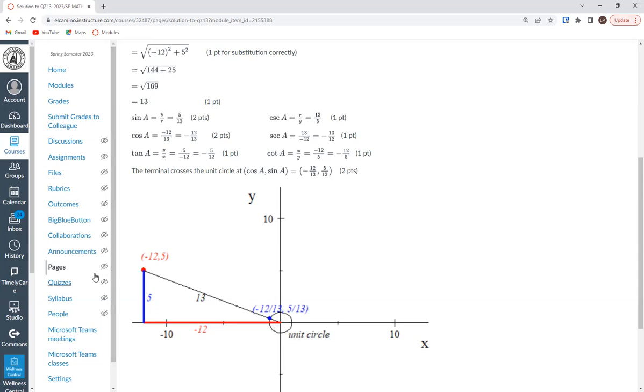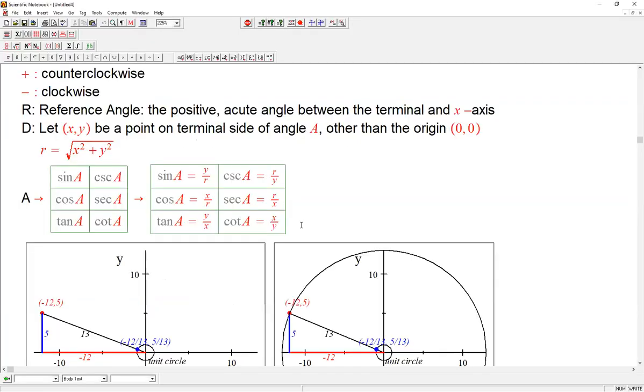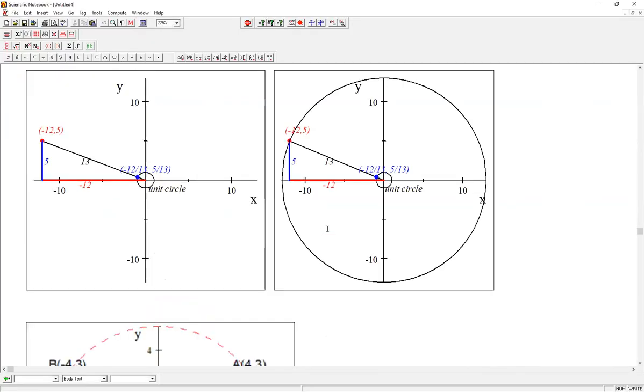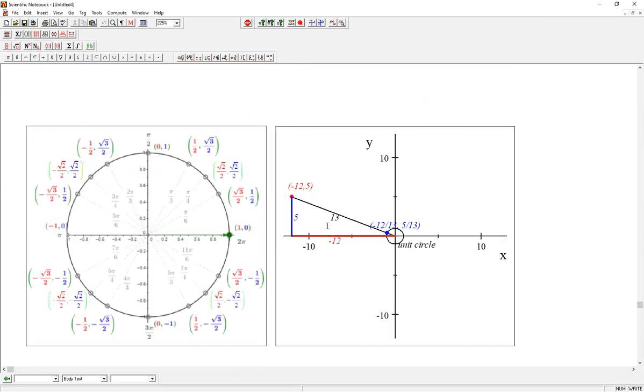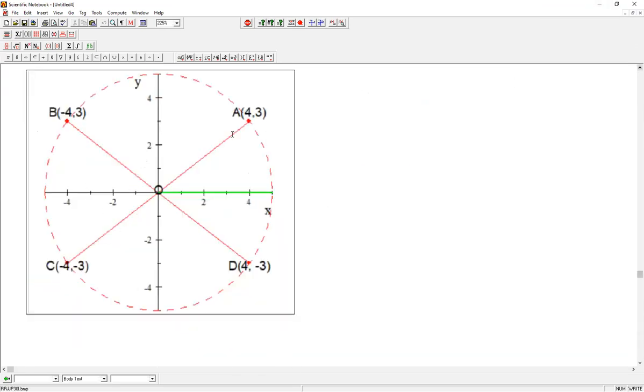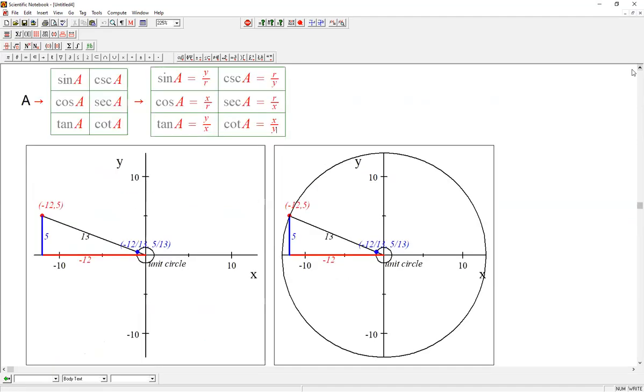So now let's look at those other quizzes we have done before. This one, quiz number 8, right? Isn't that the same idea?